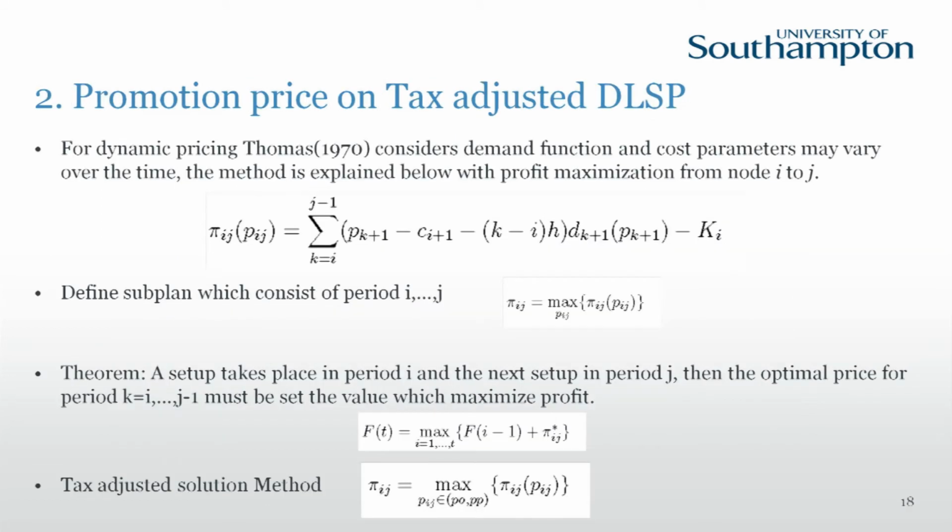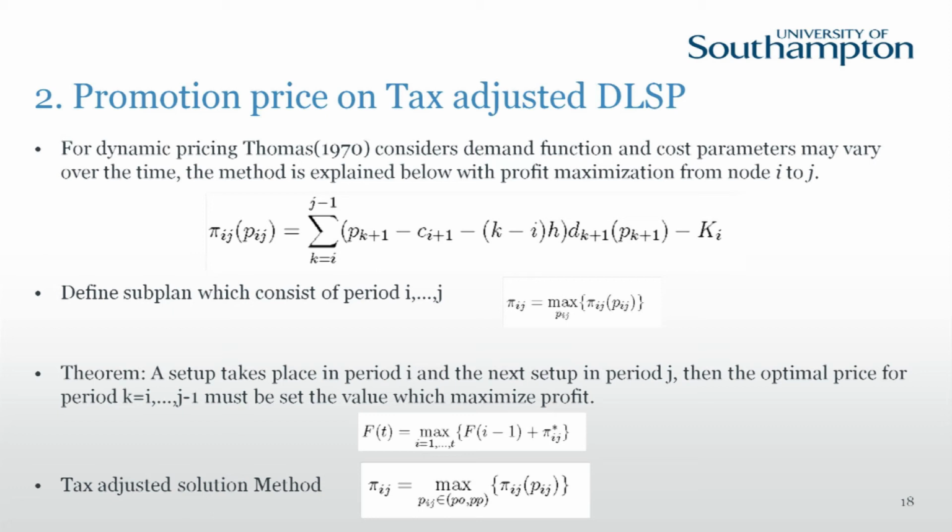So we're further looking at output tax payment, specifically promotion price in the tax-adjusted DRSP problem. We're looking at a very early work on dynamic pricing. In Thomas 1917, the demand function and the cost parameters may vary over time, and the method is also a profit maximization method.